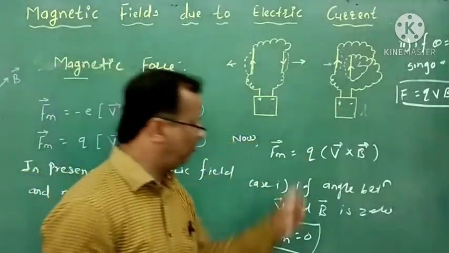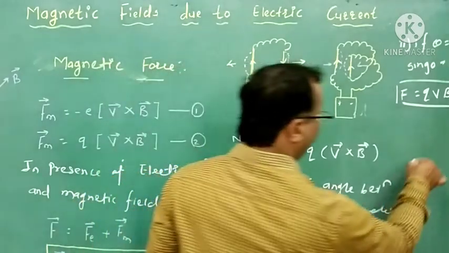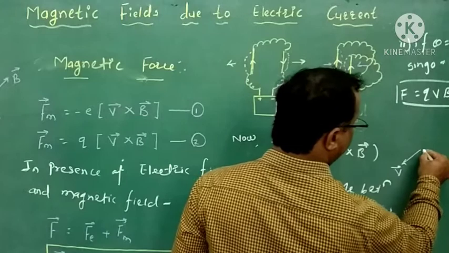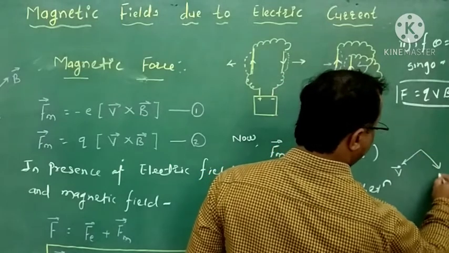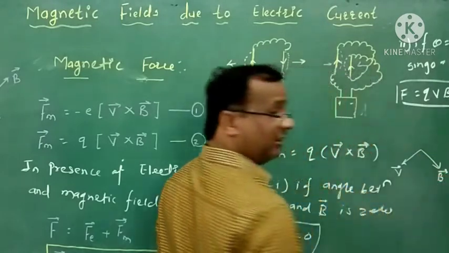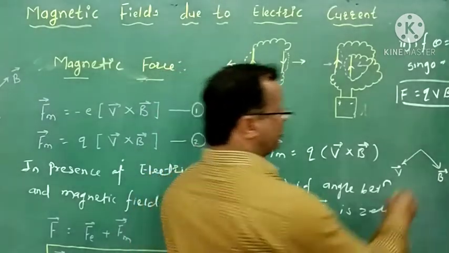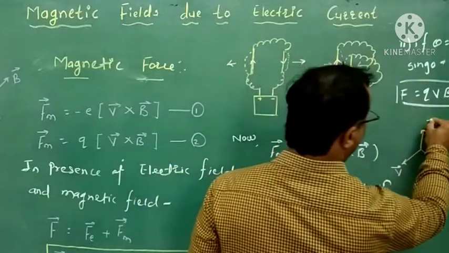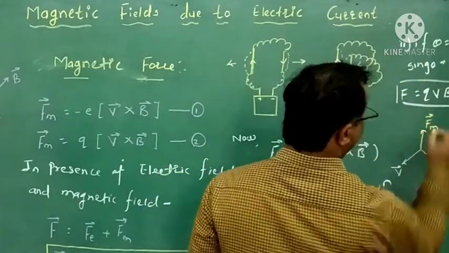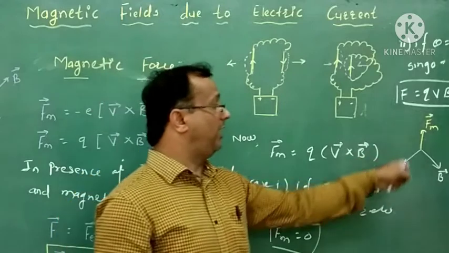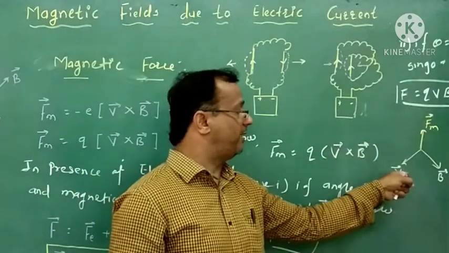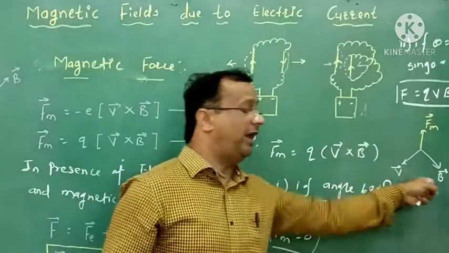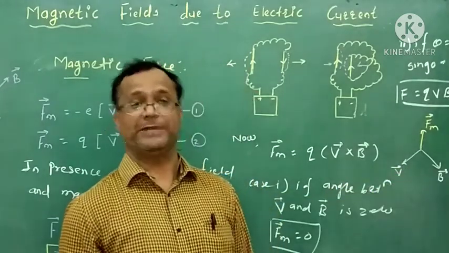And the direction of this force is, suppose here, this is the direction of the velocity of the charged particle, and now this will be the direction of the magnetic field. Then at that time the direction of the force acting on that charged particle is in the upward direction. It means that this magnetic force is perpendicular to the plane in which the velocity of the charged particle and the magnetic field are present.